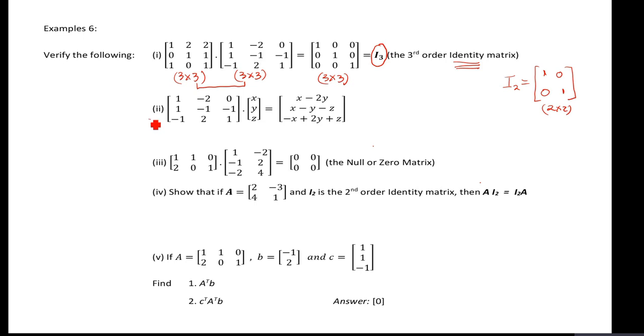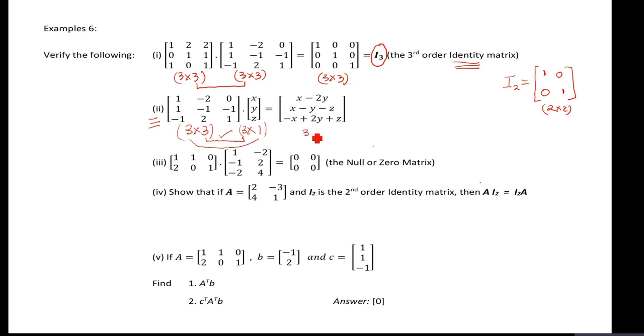Now, number 2, extremely important, because we're going to get to that application at a later stage. What is this matrix? This is a 3 by 3 matrix. But look at that x, y, z. There's 3 rows and there's 1 column. Now, the number of columns and the number of rows are the same, so I can do the multiplication, and the answer is a 3 by 1.